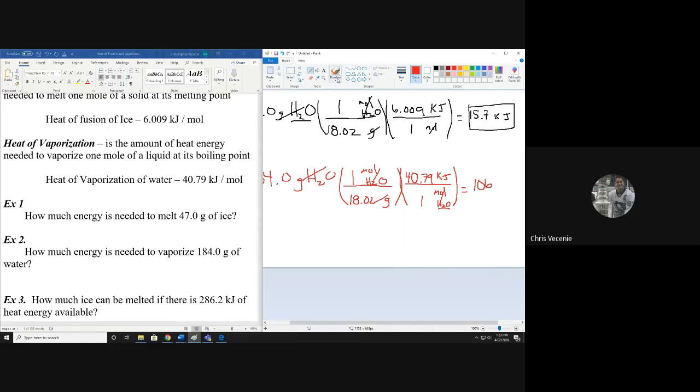Oh, sorry. I had a different answer set up from something a long time ago. All right, so this value with 4 sig figs is going to be 416.5 kilojoules.